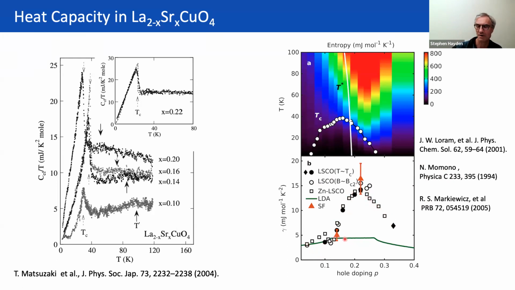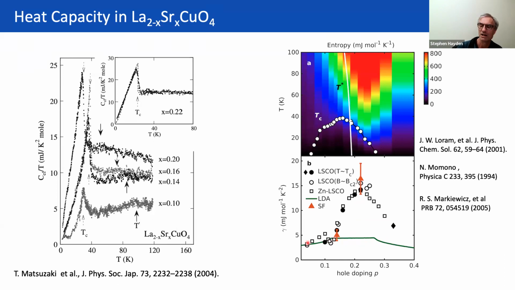Here I've just put for comparison the simplest possible band structure. Well, just an LDA band structure straight out of the computer, and you can see comparing the two that there's a very strong mass enhancement of the specific heat across this region here.